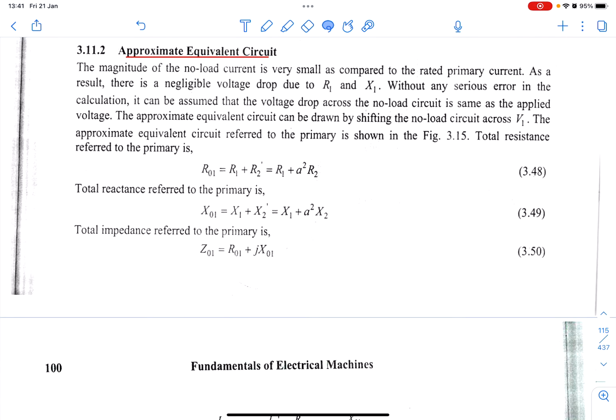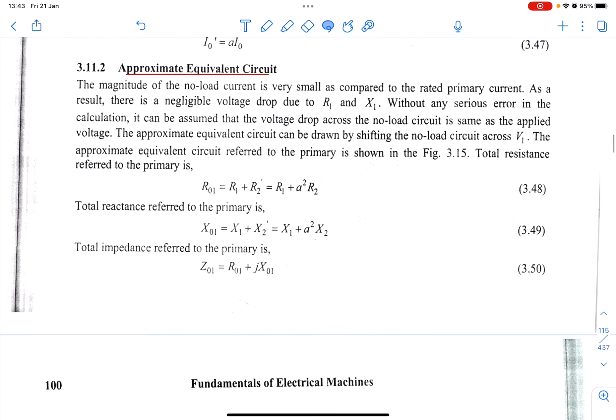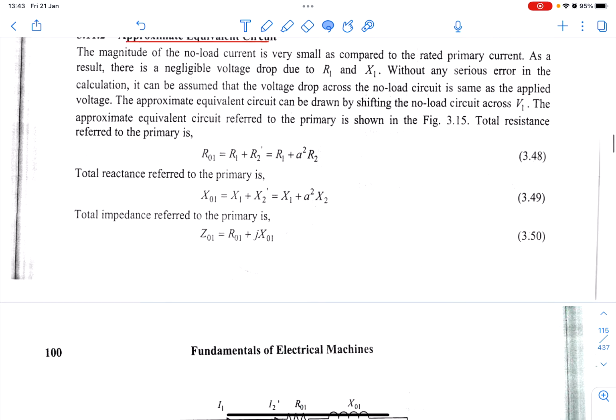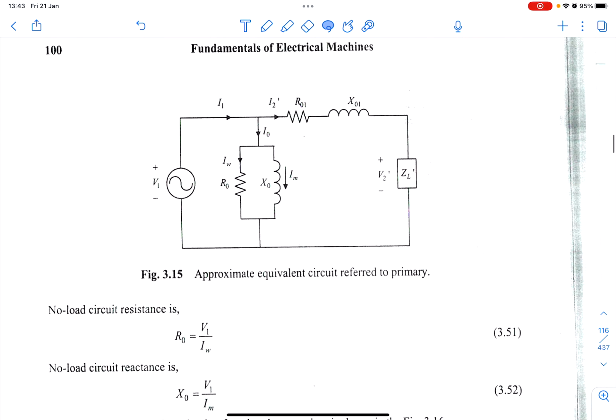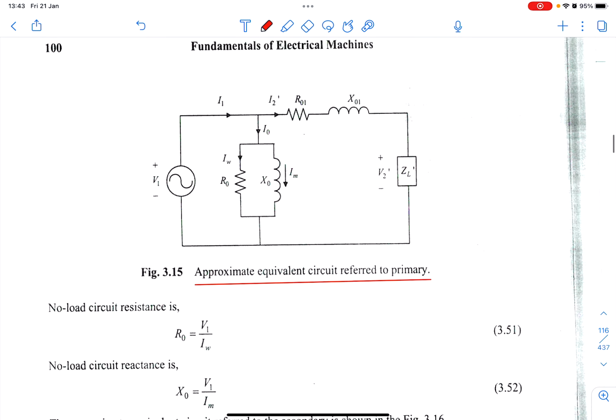Now looking into the approximate equivalent circuit, let's look at the theories behind it first. If you look at the diagram for the approximate equivalent circuit referred to the primary side, the diagram looks like this, where previously here you had R1 and X1, while here you had R2 prime and X2 prime.